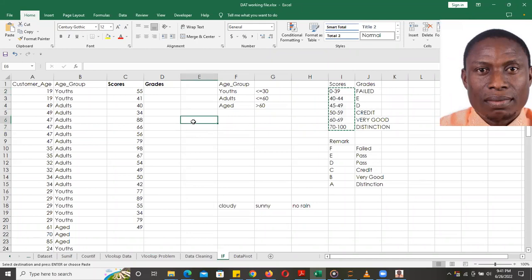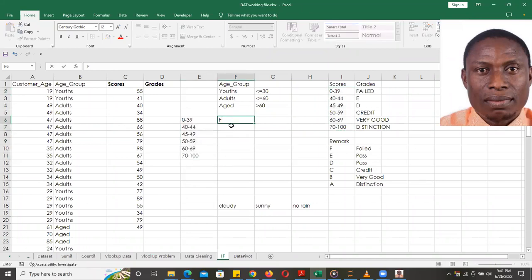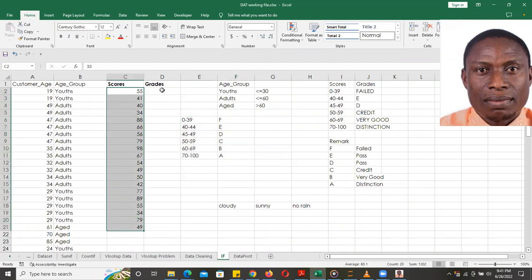F, E, D, C, B, and A. So this is what we are going to use as grade for all these scores, using our if statement to fill it. Did you get that?